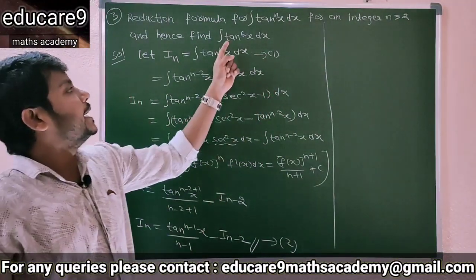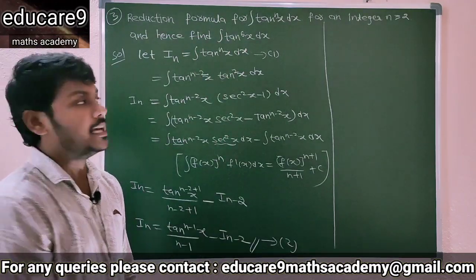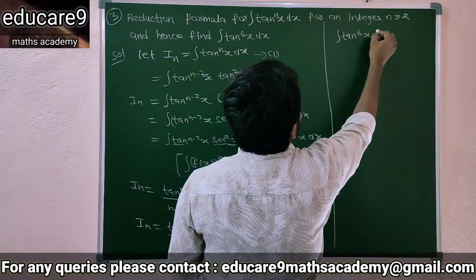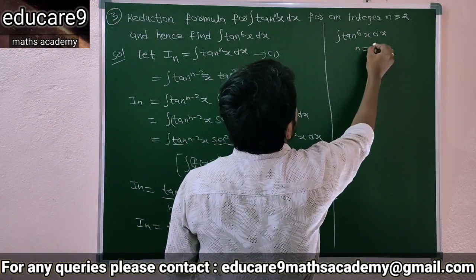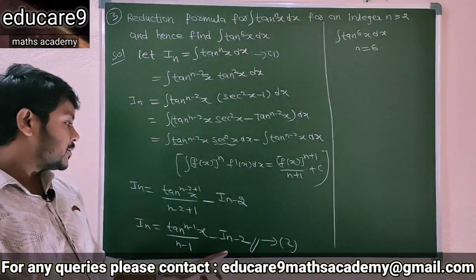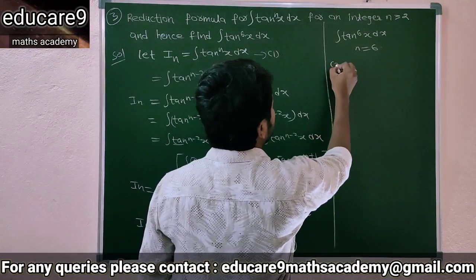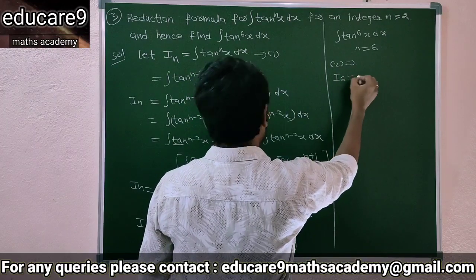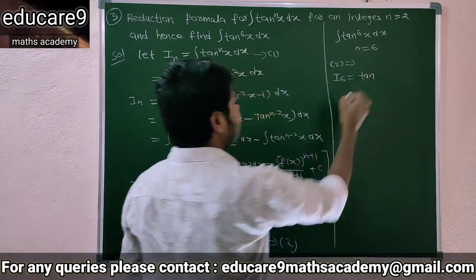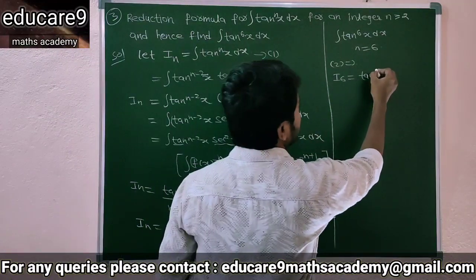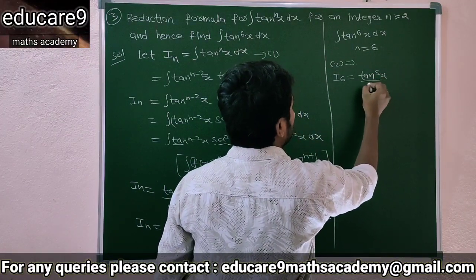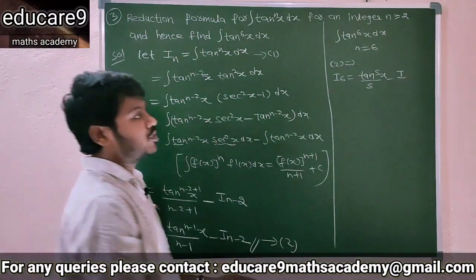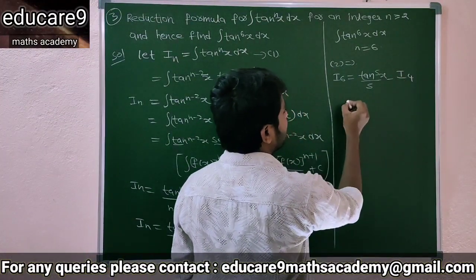Now here you find the integration of tan^6 x dx. So clearly n is equal to 6. Substitute in equation 2. What do you get? I_6 is equal to tan^(6-1) x, that is tan^5 x by 5, minus I_(6-2), which is I_4.